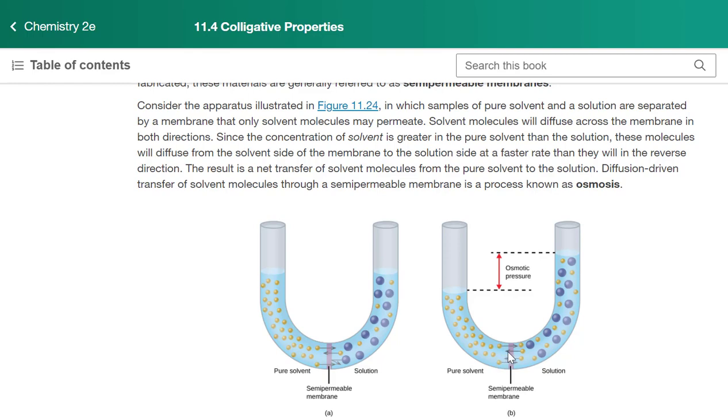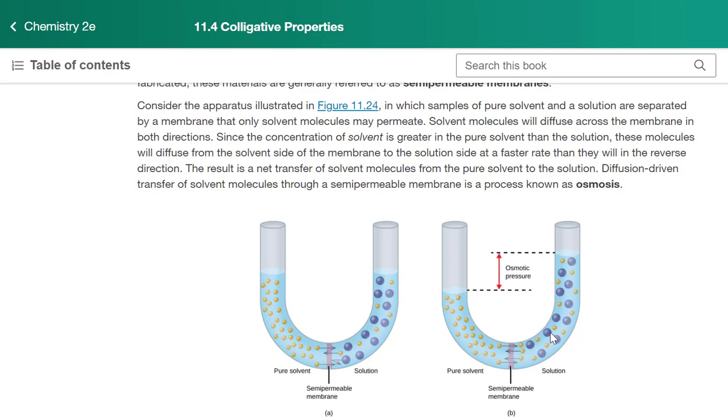And what's happening here is the solvent can go back and forth, back and forth, but we kind of ascribe characteristics here to the solvent that it probably doesn't actually have, like a preference. What we end up seeing is that it essentially tries to equalize these concentrations.